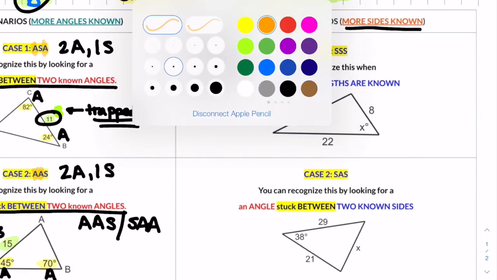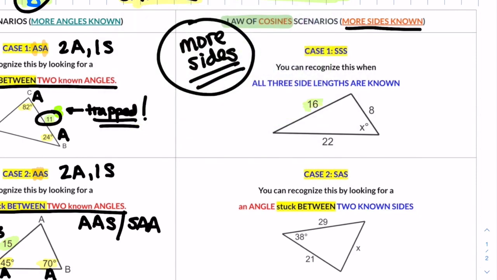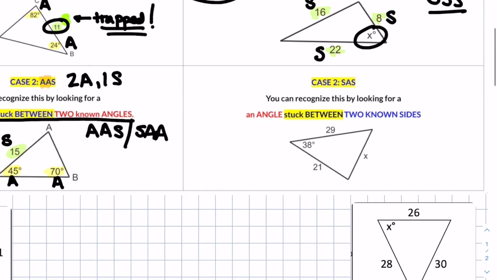So here's the first example, a very classic example. All three sides, right? So we call that S, S, S. In the case of SSS, the law of cosines will help us find the unknown angle. And we have another case where we have more sides.